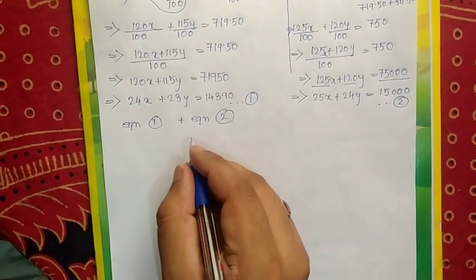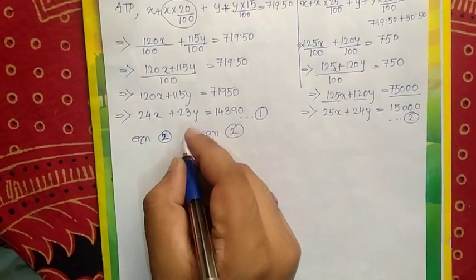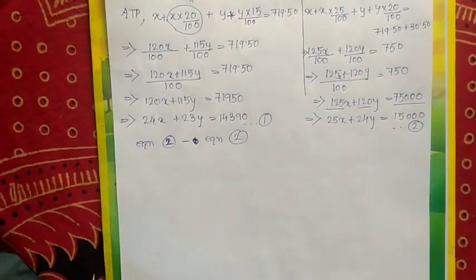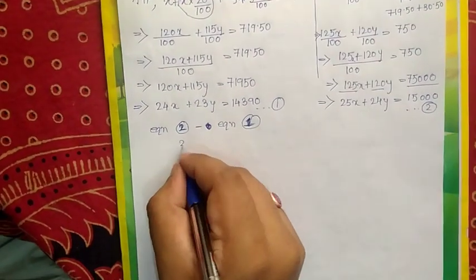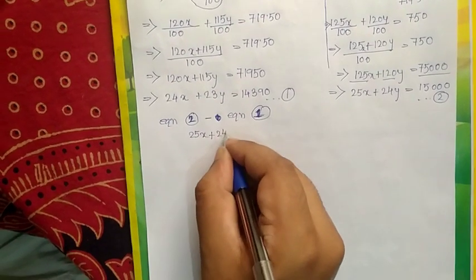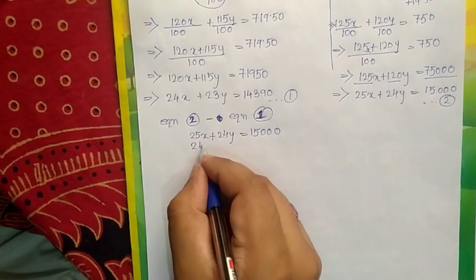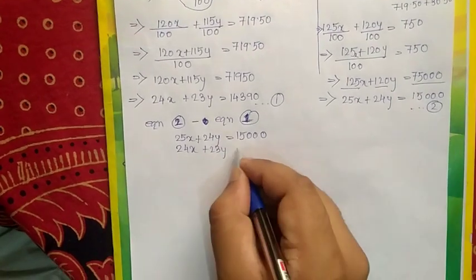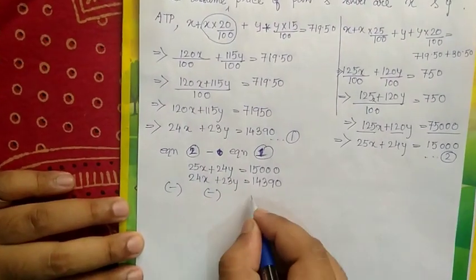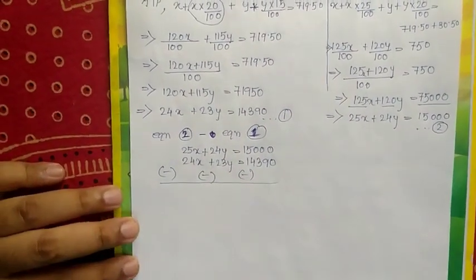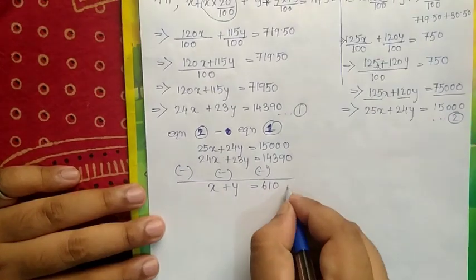Sorry, this should be equation 2 minus equation 1. 25x plus 24y equal to 15000, and 24x plus 23y equal to 14390. Here we get x plus y equal to 610.